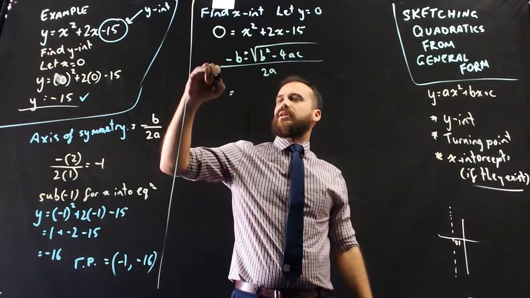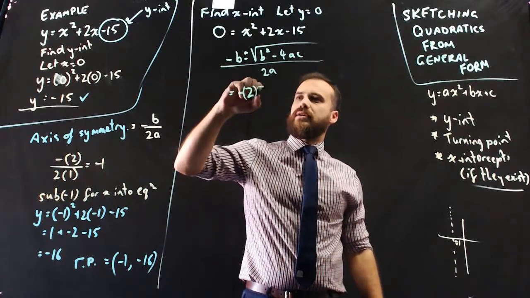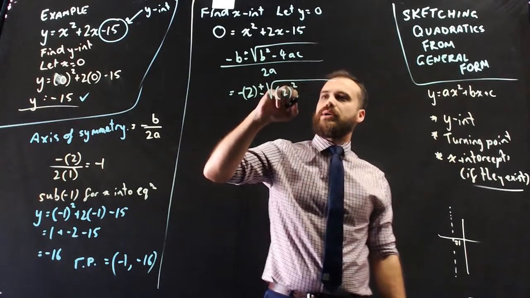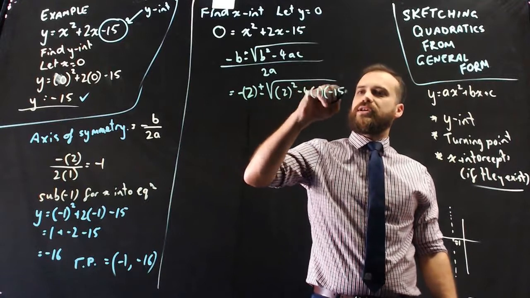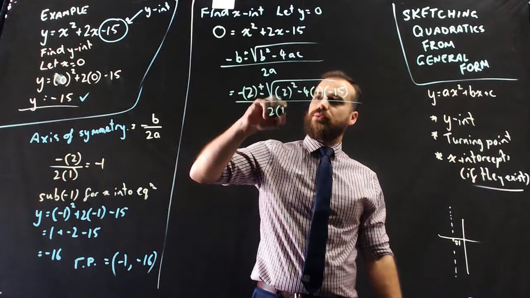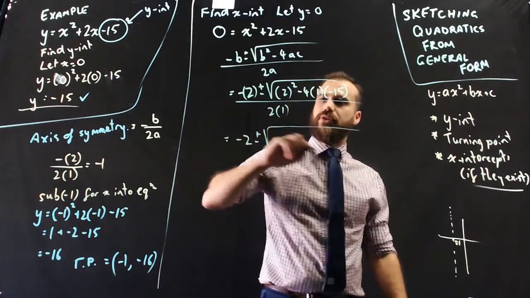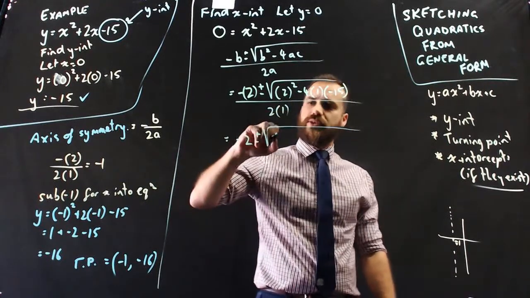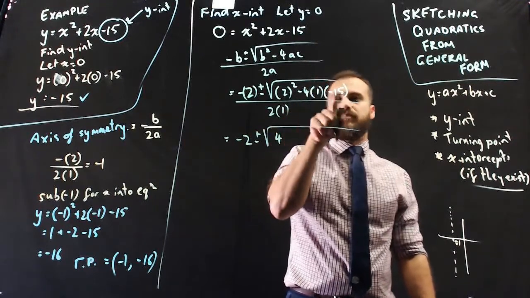So that means that negative b, so negative 2, put it in brackets, plus or minus the square root of 2 squared minus 4, 1, negative 15, all over 2 times 1. So that's going to be negative 2 plus or minus the square root of 4, minus, so this is where things get tricky. It's minus 4 times 1, which is minus 4, times minus 15.